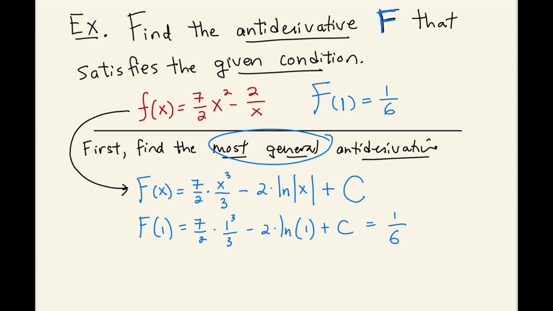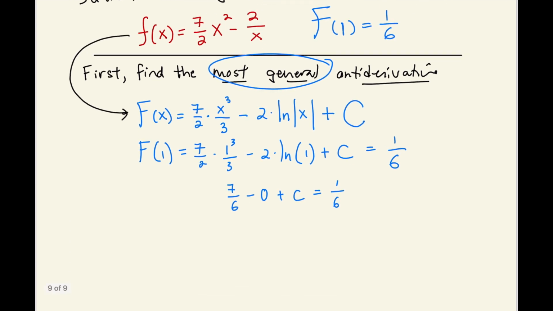Now, if I just simplify this a little bit, I get 7/6. Natural log of 1 is 0, plus c is equal to 1/6. So this gives me c is equal to 1/6 minus 7/6, which is just equal to negative 6/6, which is equal to -1.